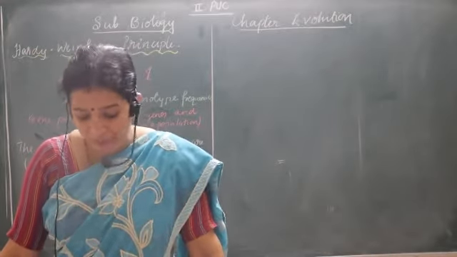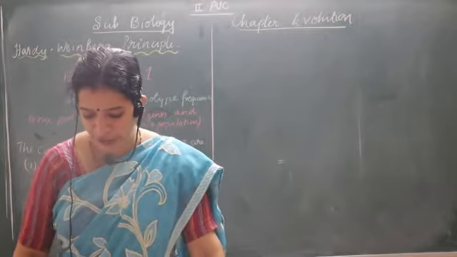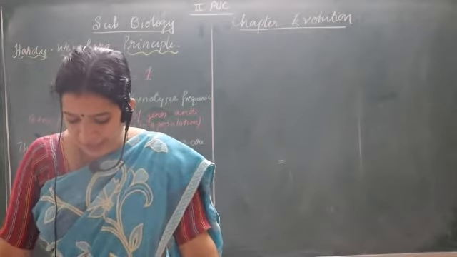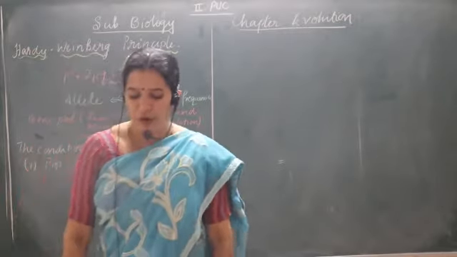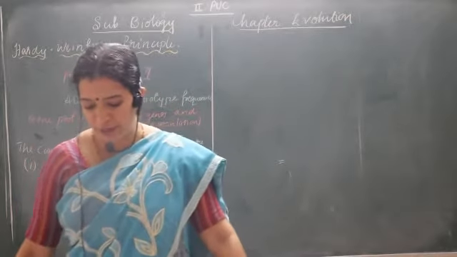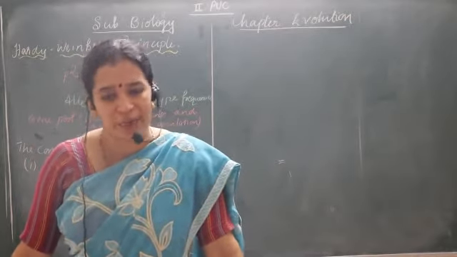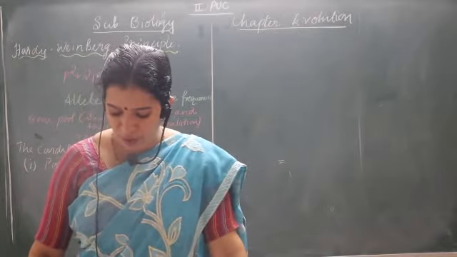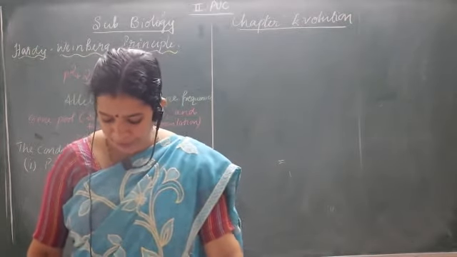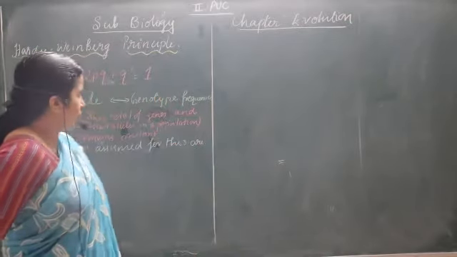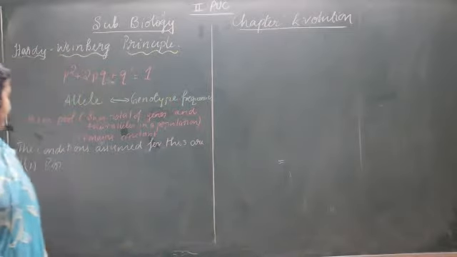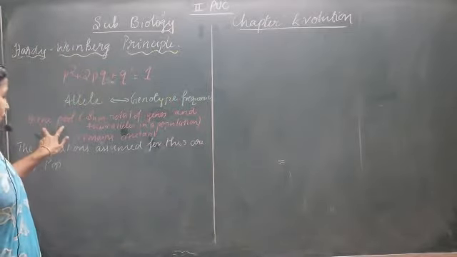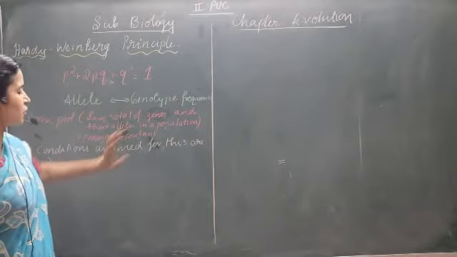Generally we know that the frequency, the occurrence of these alleles, remains fixed throughout the generations. So we say that in a population, the gene pool remains constant.